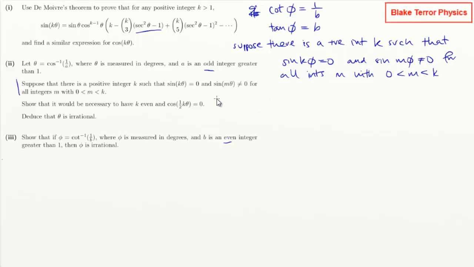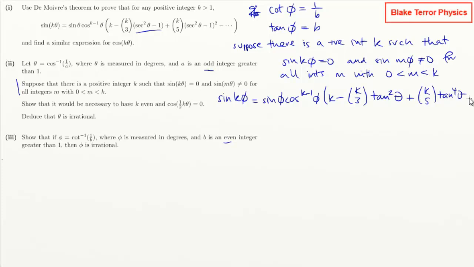Now I can do my sine k phi, and I can put it into this form with tan squareds instead. So that is going to be sine phi times cos to the k minus 1 of phi, times the bracket: k minus k choose 3 tan squared phi plus k choose 5 tan to the 4, and so on.